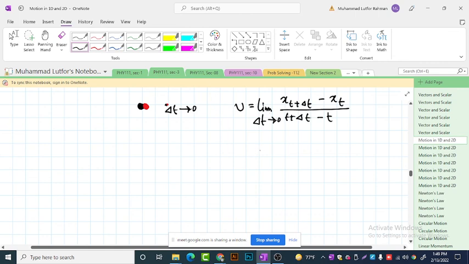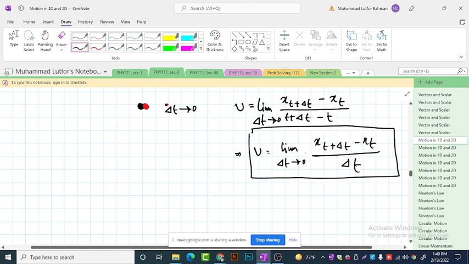It means it's not 0 but very close to 0. Then we write limit del t tends to 0 of x(t plus del t) minus x(t) divided by del t. And this is the mathematical definition of the differentiation of a function x. So we can write this as dx over dt, and that gives me the instantaneous velocity of a particle at any time.